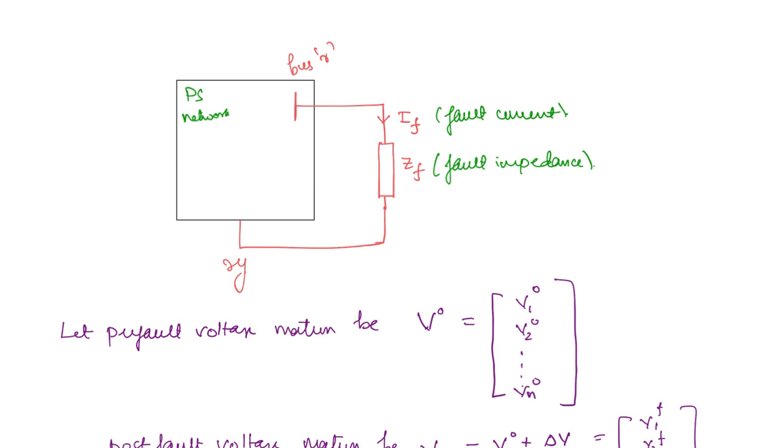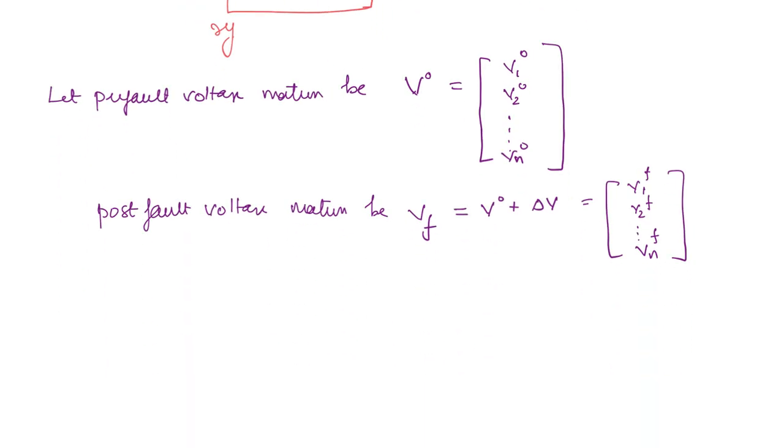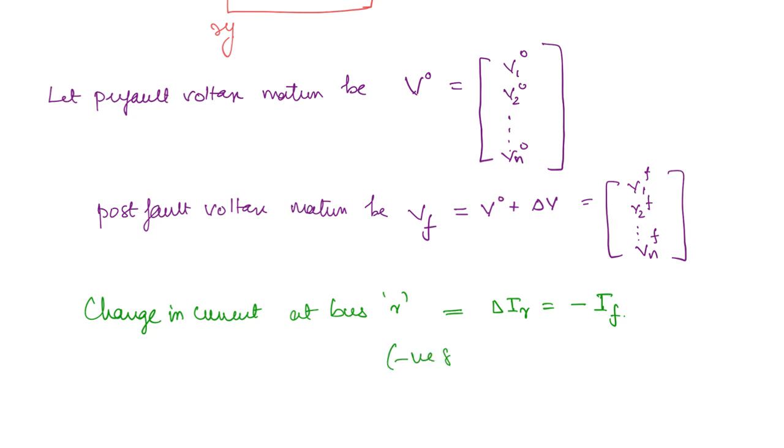It is going to be delta IR, which is minus IF, with a negative sign because IF is coming out of the bus.